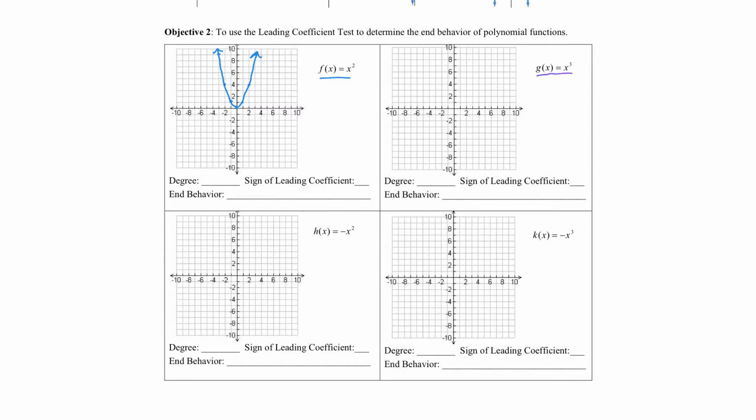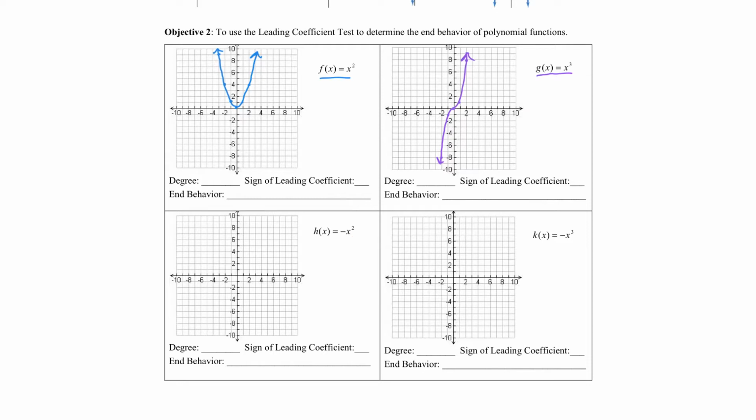g of x equals x cubed, so that's (0, 0), (1, 1), (2, 8), (-1, -1), (-2, -8). Now let's look at the other two functions. h of x equals the opposite of x squared.